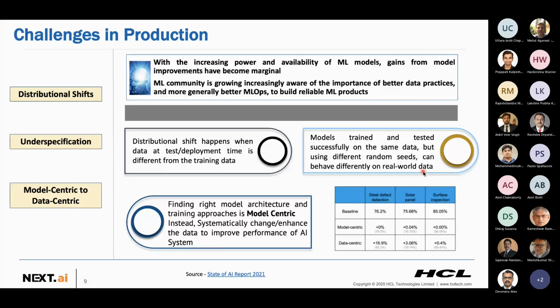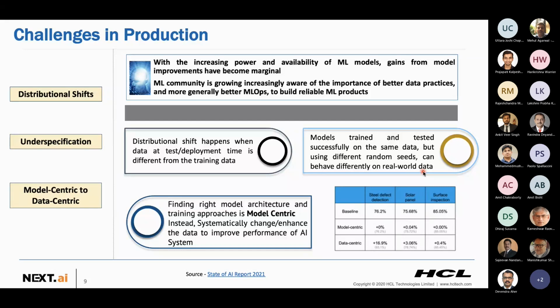The third challenge is that all these years, the approach in any ML based project was mainly model centric. If you recollect, all the research that has happened was model centric, like the architectures that have evolved in the past 8 to 10 years. Everything was mainly focusing on the model architecture and the training approaches.